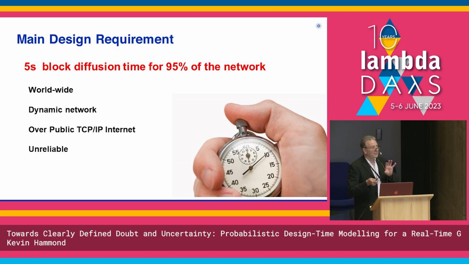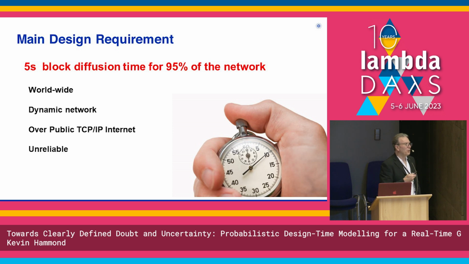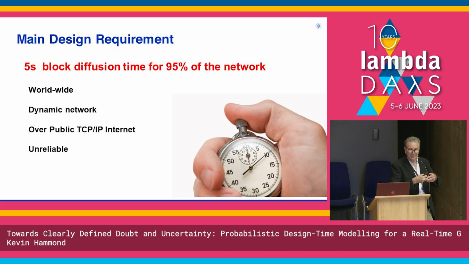If you want to relax some of the properties here, as some of Cardano's competitors are, and I won't name them, but not people in the audience, I'm sure. If you want to relax some of these constraints, and you want to say, for example, well, let's not go for public TCP/IP, let's go for a dedicated network, let's not go for worldwide distribution, because that's too complex. Let's just make sure everybody runs in the same data center using equipment supplied by Amazon or someone else. Then you can reduce the latency and therefore improve the timeliness.